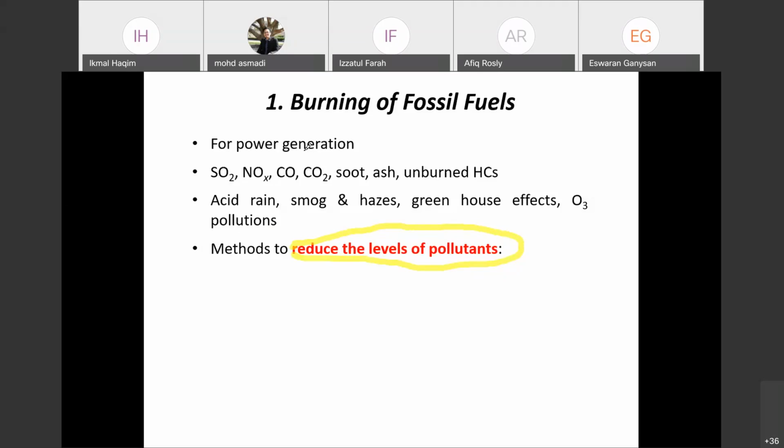Any suggestion to reduce the level of pollutants? The link I already posted in the chat box. Doctor, can you please give the link again in the chat box? The Padlet. Can you see this one? Received it now, can see.